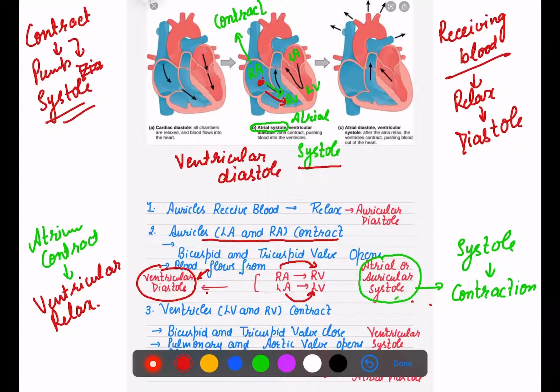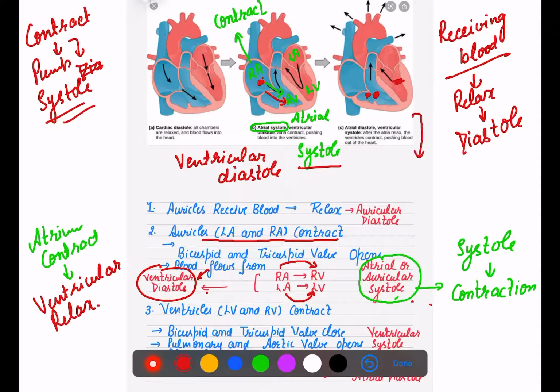Now in third condition, see, ये wall देखो, tricuspid close, bicuspid close. Now ये दोनों valve जो हैं हमारे close हो गए, right? These valves are closed now. This is also closed. It means now who is going to contract here in this picture?